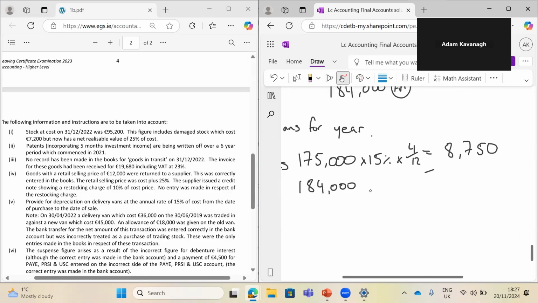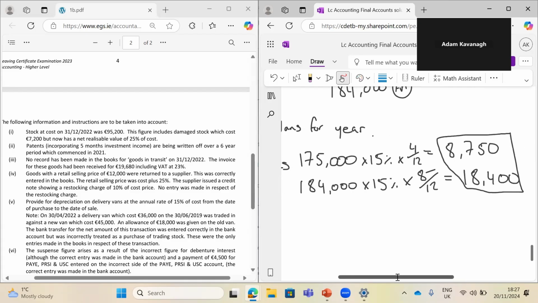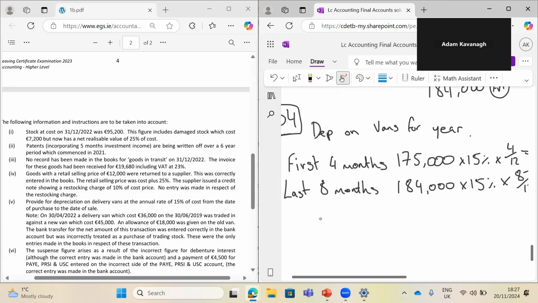So it's the same sum, except it's going to be 8 over 12. 15% multiplied by 8 over 12 will give you 18,400. So you add those two together. So 8,750 plus 18,400 will give you 27,150. And depreciation of vans is a selling and distribution expense.